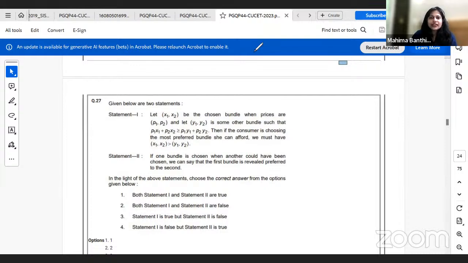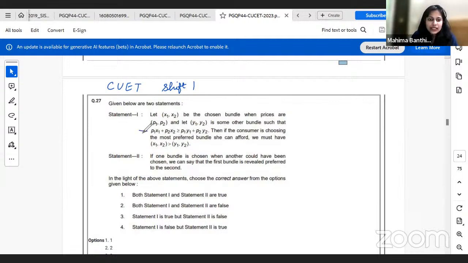All right, so 27 says, this is CUET shift 1. Let x1, x2 be the chosen bundle when prices are P1, P2, and let y1, y2 be some other bundle such that P1x1 + P2x2 is less than or equal to P1y1 + P2y2.